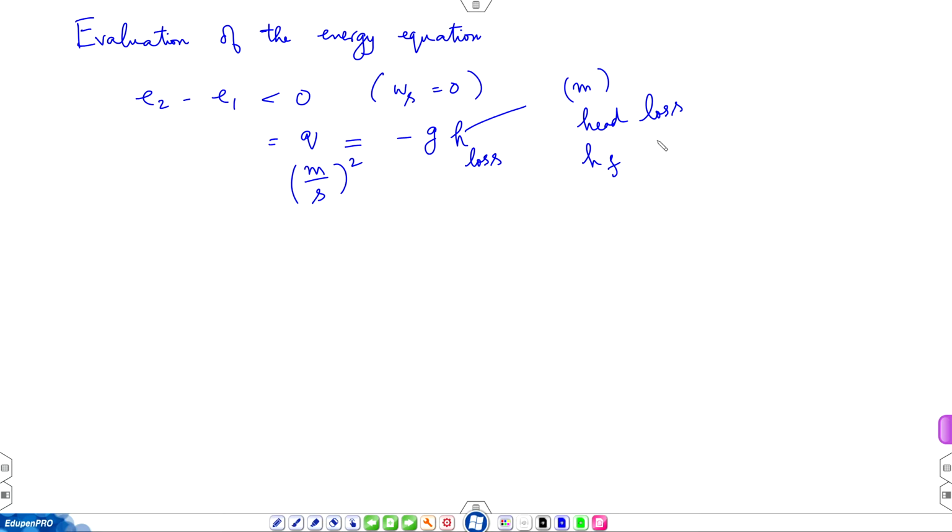So, let us say somehow I give you the value of HF. HF will be in meters. So, that is a positive quantity, because you have already accounted for the sign. So, I may tell you HF in this problem is 5 meters. So, the moment you know HF, you can now evaluate this equation.